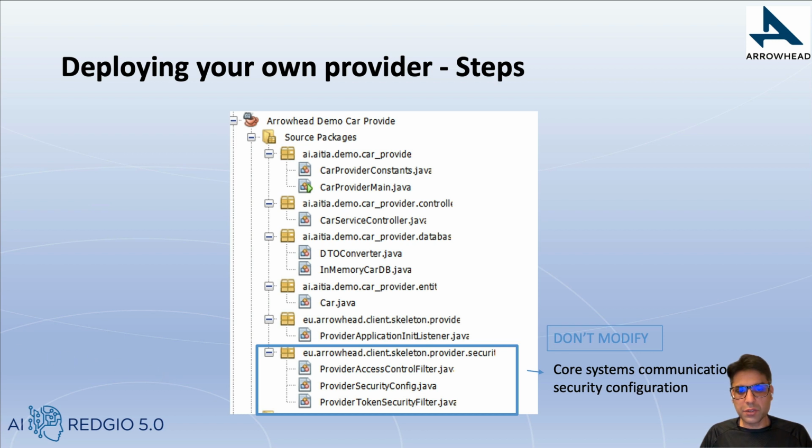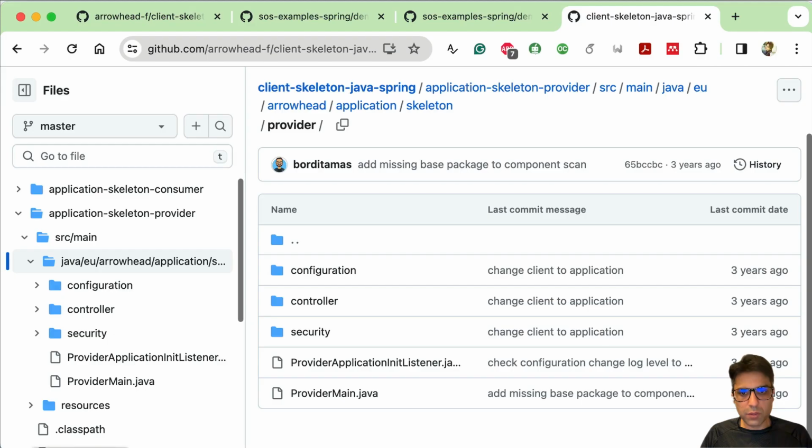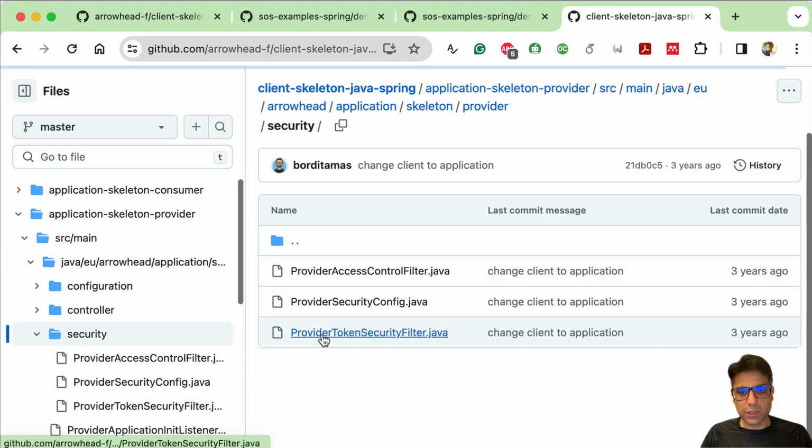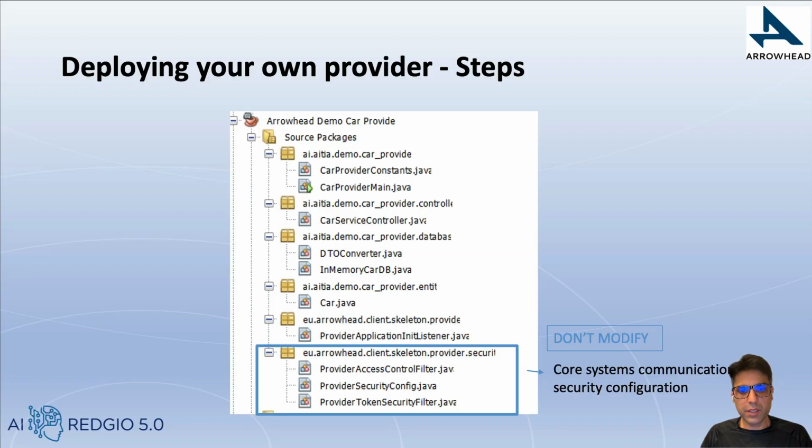As I showed you, in the client provider skeleton system, under the security folder there are three files like these, and we never change or modify anything inside these files. So if we go over here again in the security folder, we see these three files, and we don't need to change anything over here.